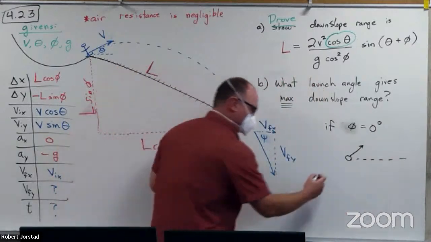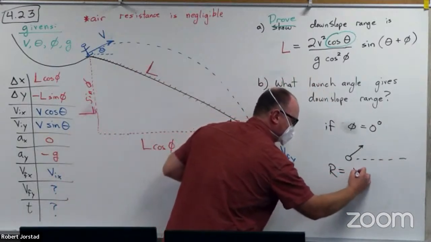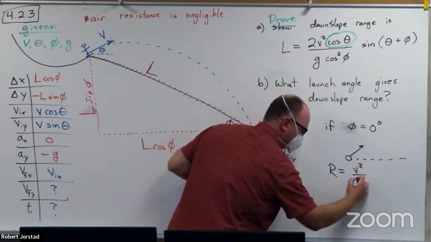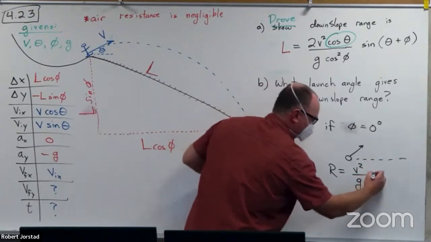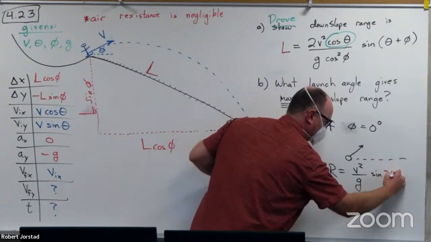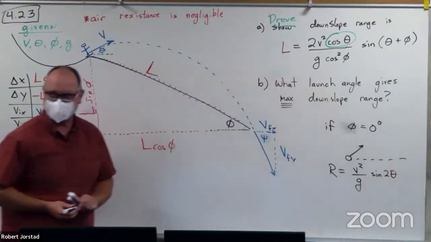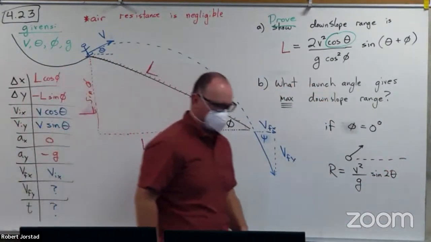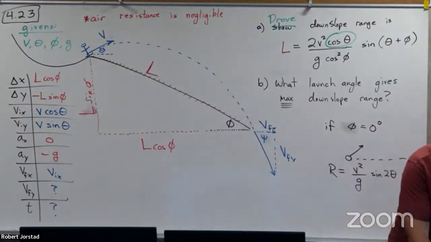From that, in high school physics, I know the answer is V squared over G times sine of 2 theta. Something like that. Or I know it's on page 72 near the bottom.